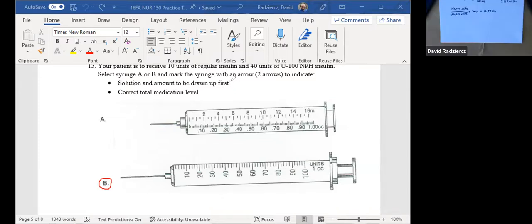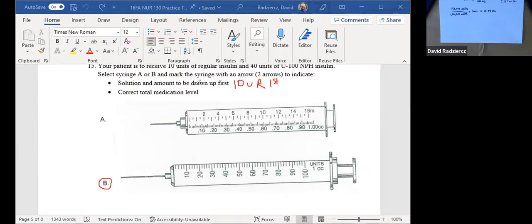Yeah, no, and this is a commonly missed question just because of the semantics of it. I feel like it's not even math. This is more like practicing marking on a syringe. So if I were answering this question, on this bullet point I would say I would draw up 10 units regular first.